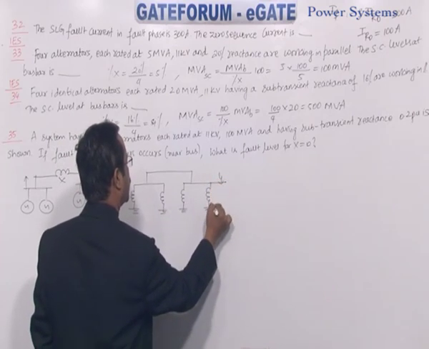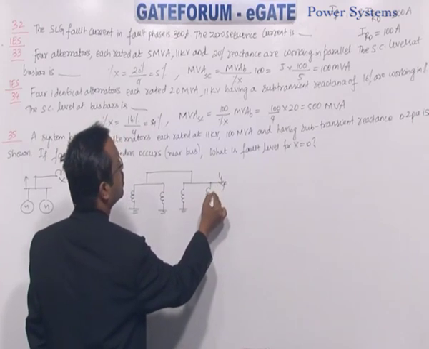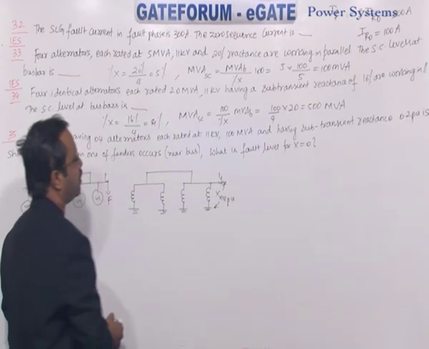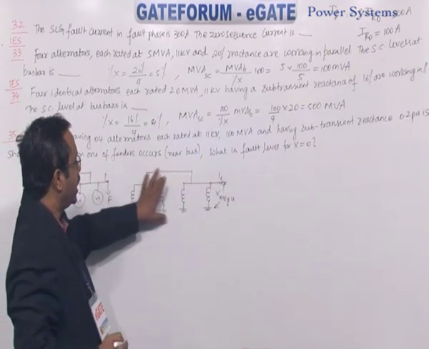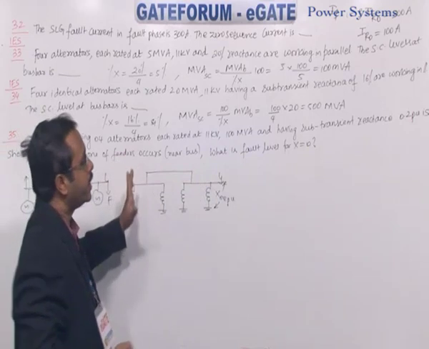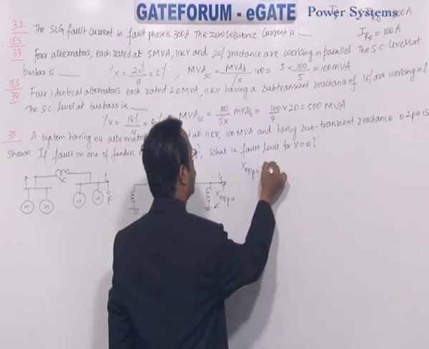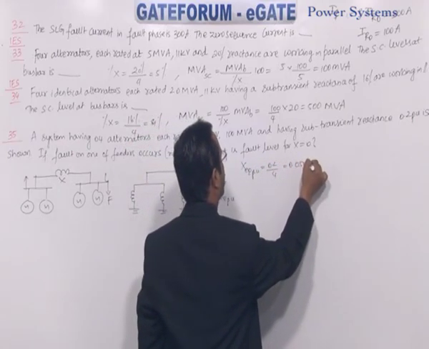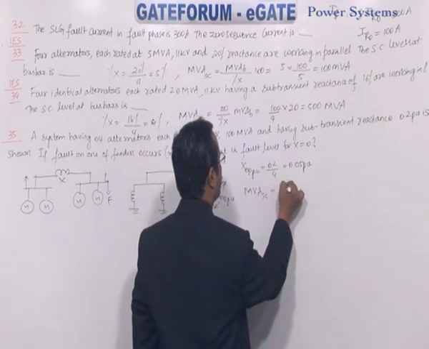Fault has occurred here. So you find what is X equivalent per unit. How will that X equivalent per unit be? 4 reactances in parallel, each of 0.2. So how much will you get? 0.05 per unit. So what is the short circuit MVA?